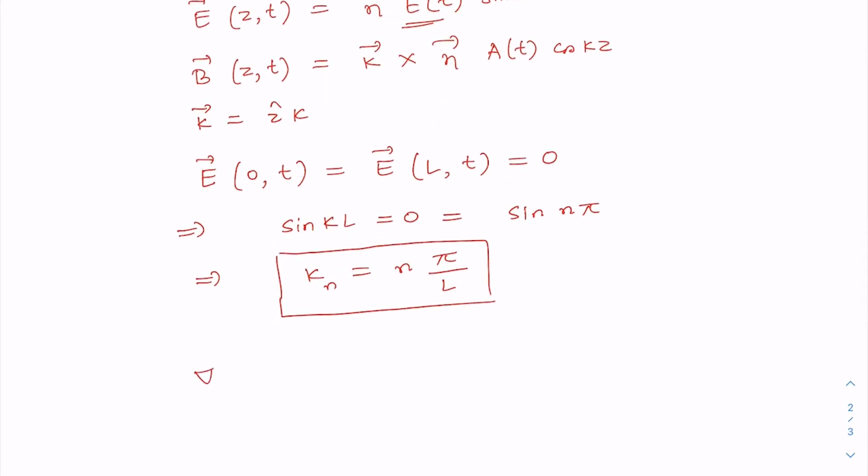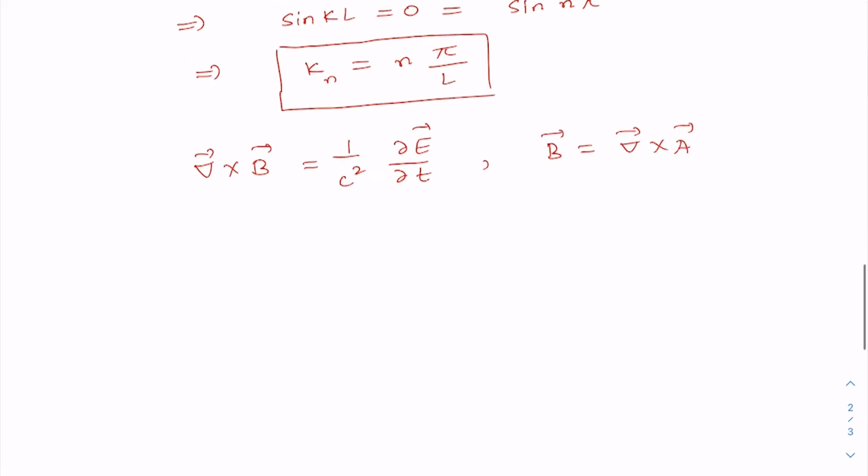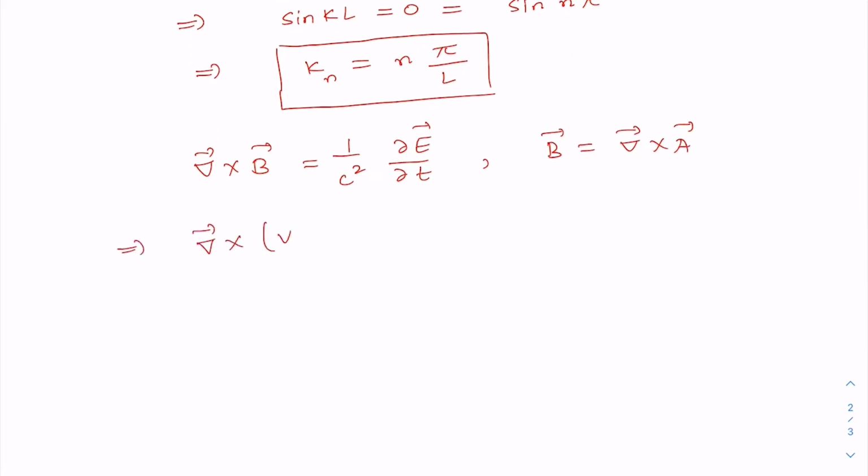Now we have curl of B is equal to 1 by c square del E del t, and B is equal to curl of A. Now if I utilize this equation here, so curl curl of A is equal to 1 by c square del E del t.